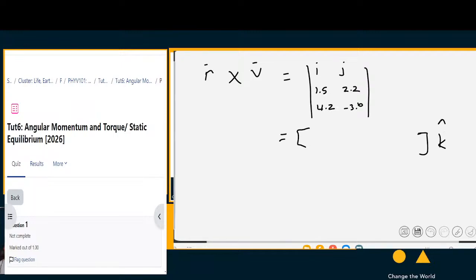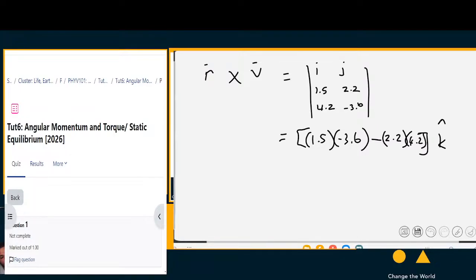So it will be 1.5 times negative 3.6 minus 2.2 times 4.2.